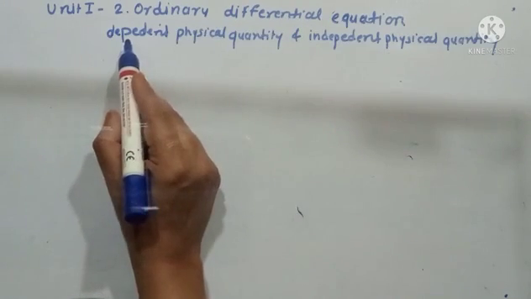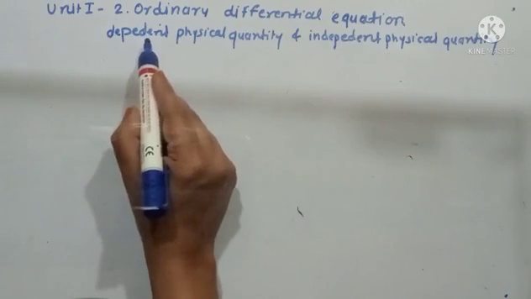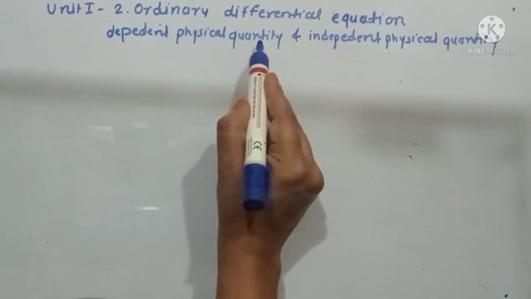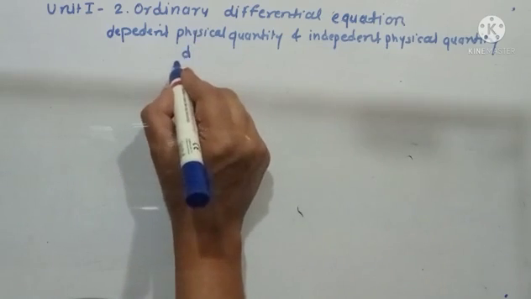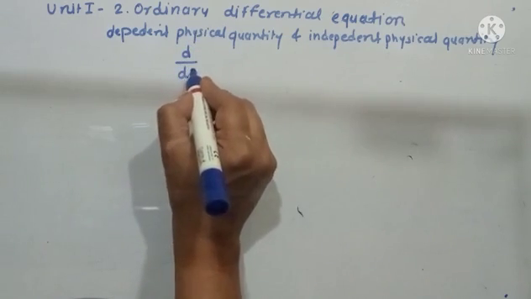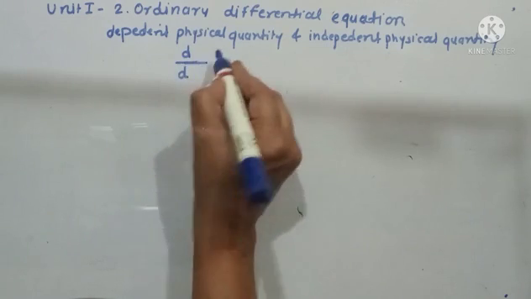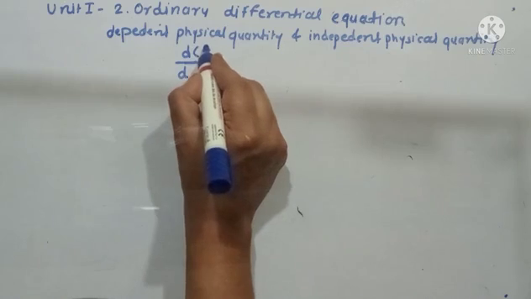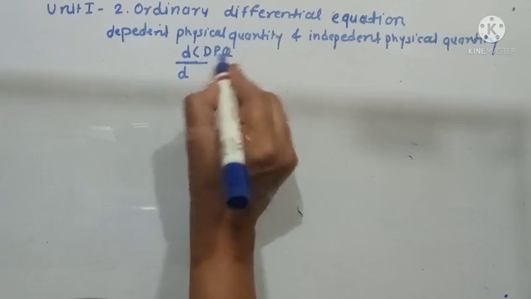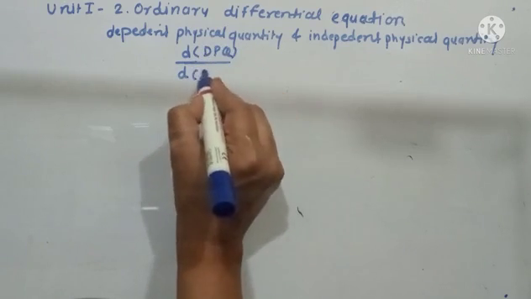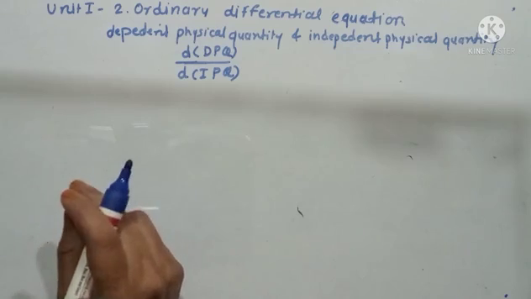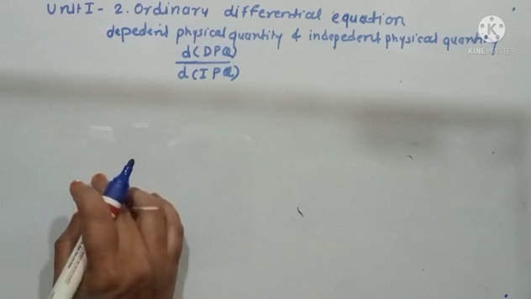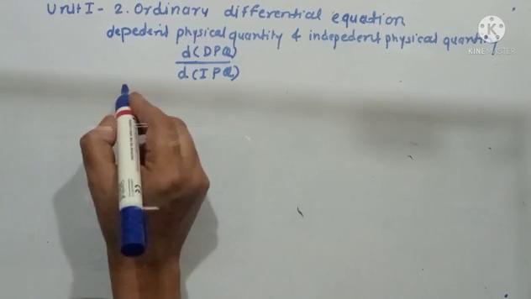A differential equation is the relation between the dependent physical quantity and the independent physical quantity, which can be written as d of the dependent physical quantity by d of the independent physical quantity. So let us see some famous physics equations in the different branches.